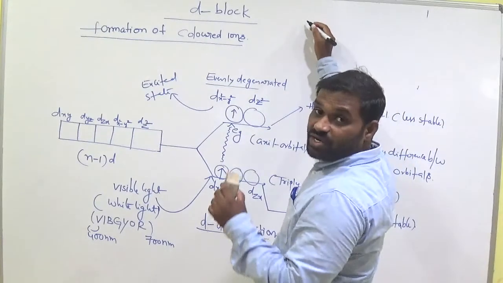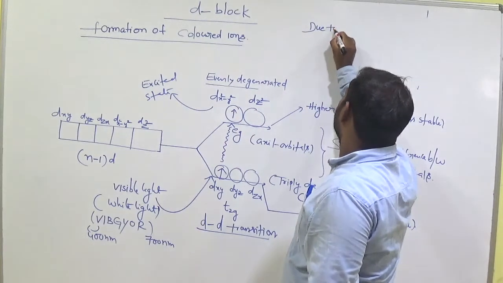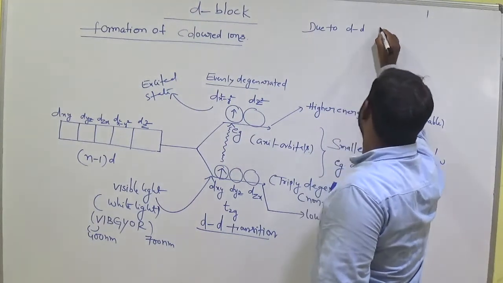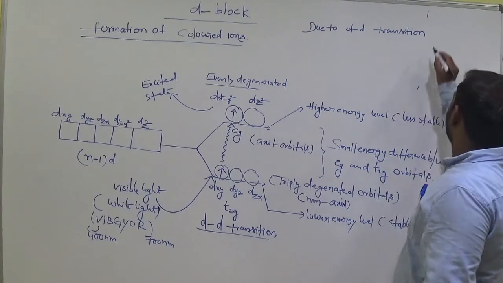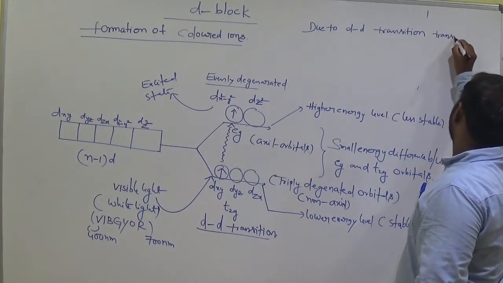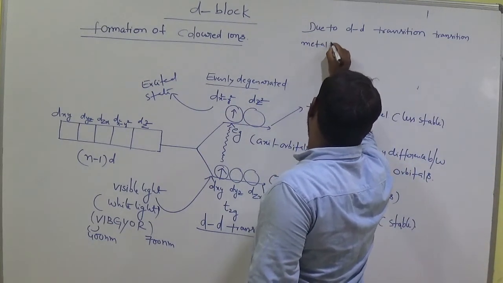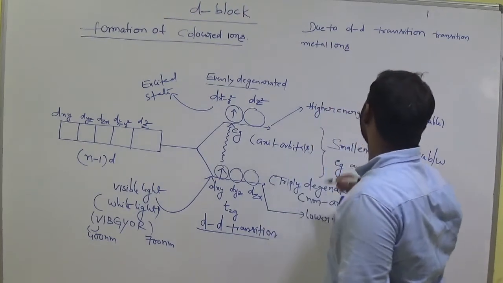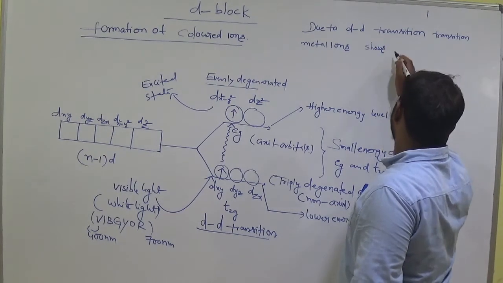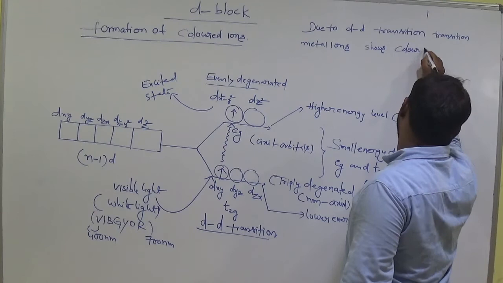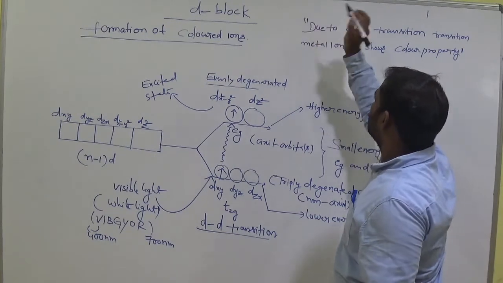So finally, what we conclude from this concept is that due to d-d transition, metal ions show the color property.